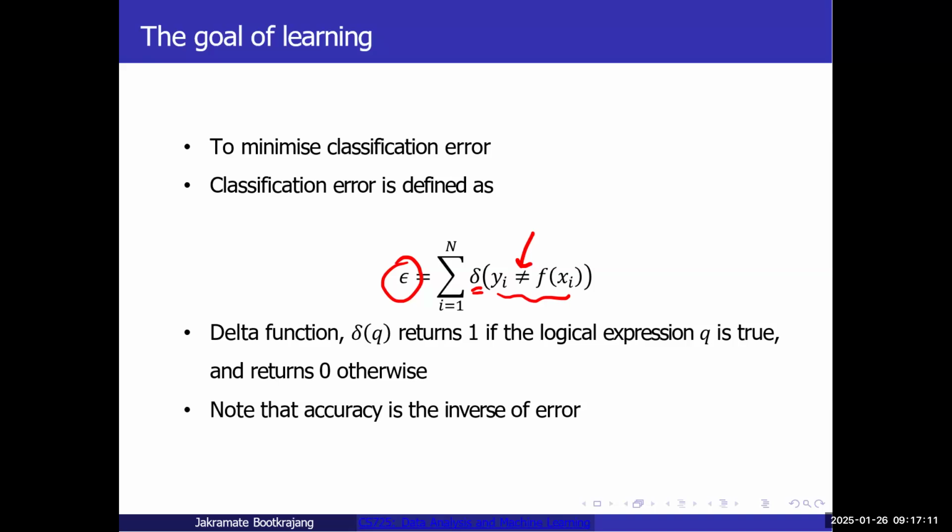If you make a mistake, you get 1 penalty, and then you take the summation. So this is the classification error. That is a very, very simple function. If you make a wrong prediction, you add 1 to the error.